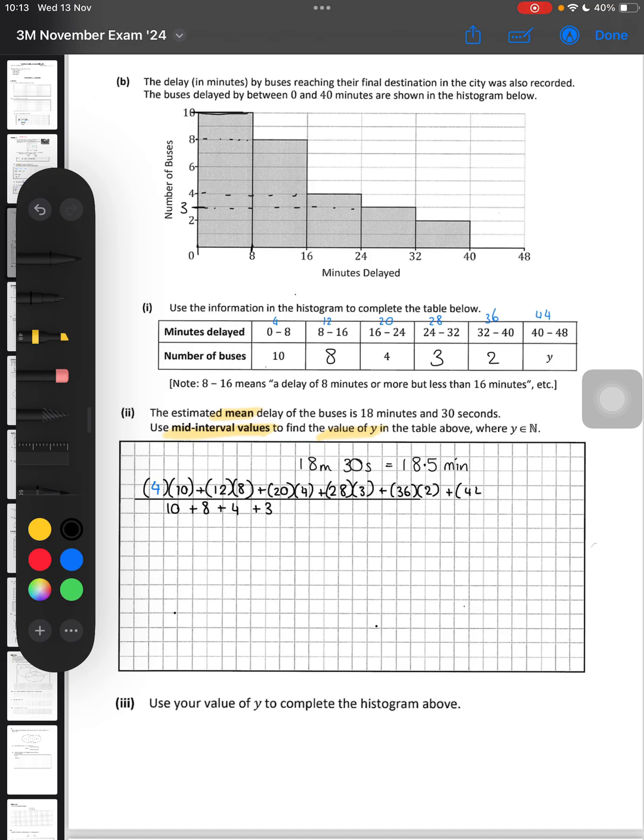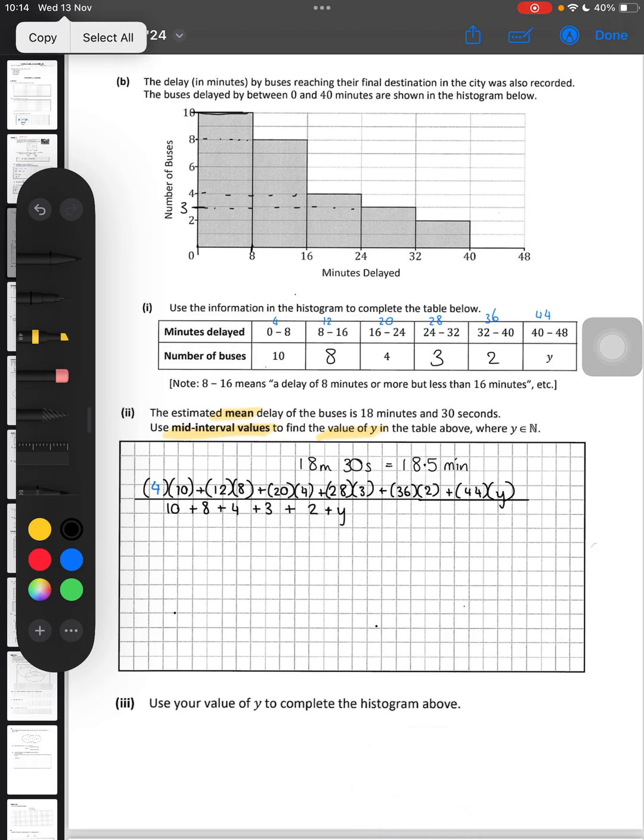And 44, y times. Now they should all be on the numerator. I ran out of space there, so 2 and then the other ones from the bottom. My total number of buses is here on this second row, so another 2 and another y there.